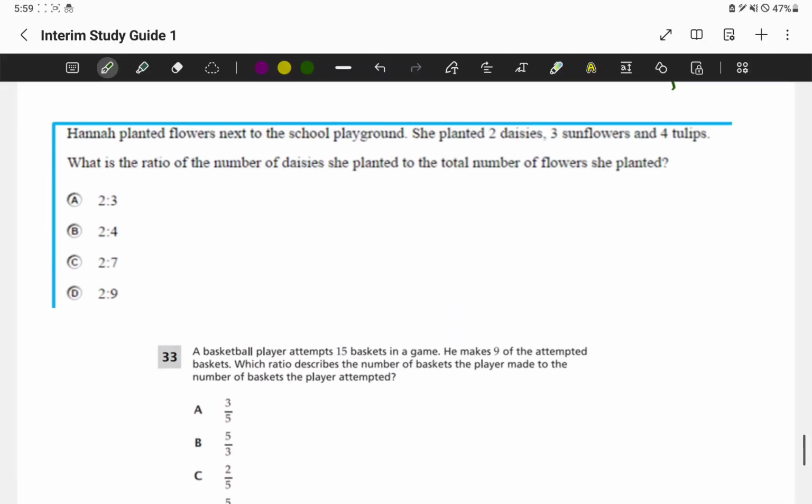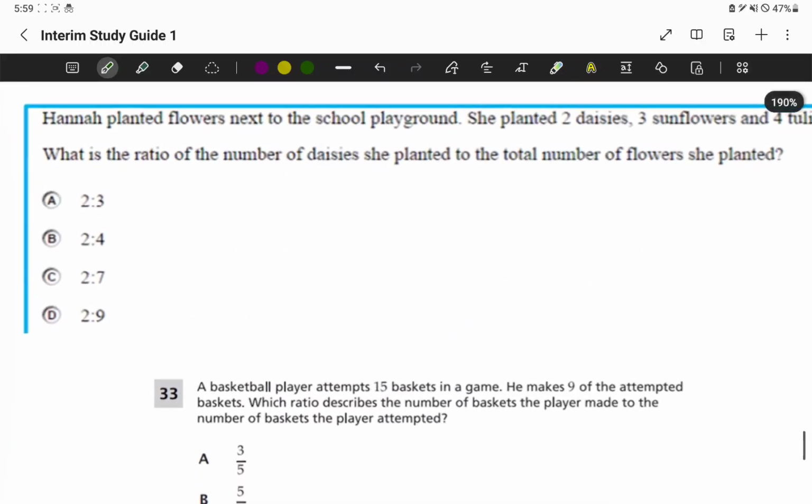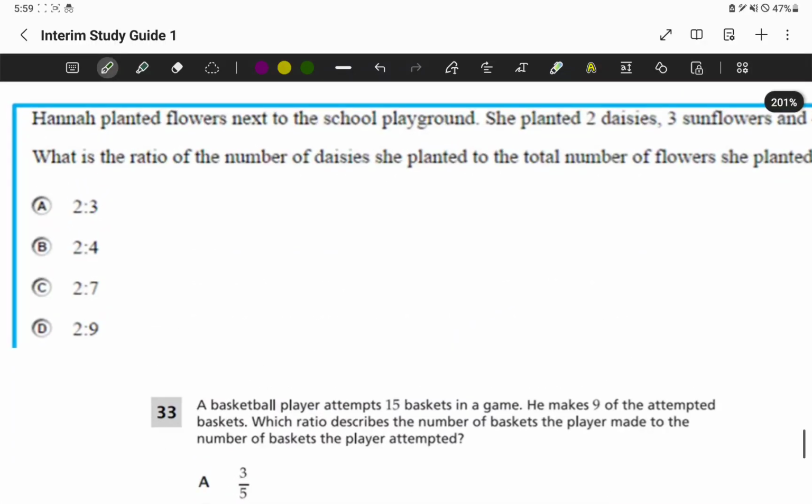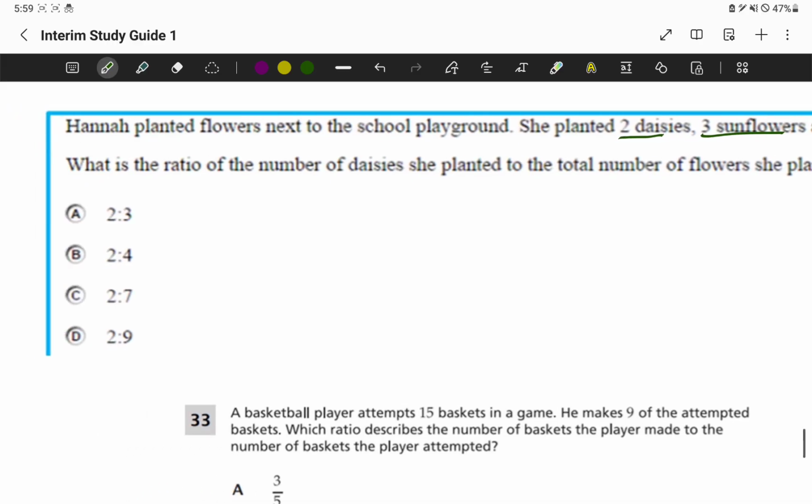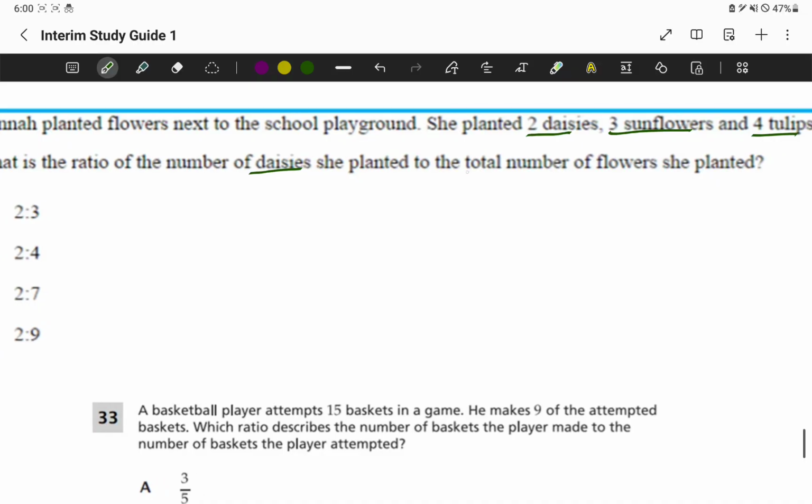All right. So 3 questions left. Hannah planted flowers next to the school playground. She planted 2 daisies, 3 sunflowers, 4 tulips. What is the ratio of daisies she planted to the total number of flowers?